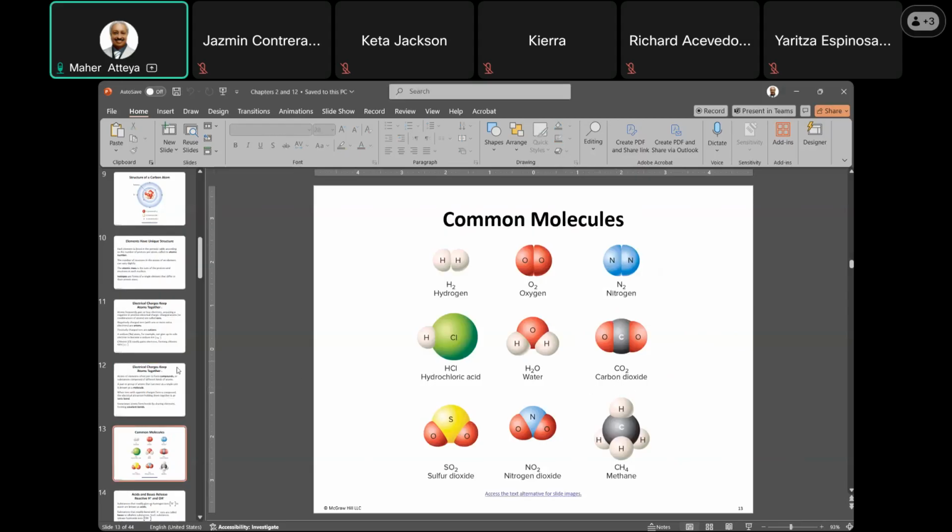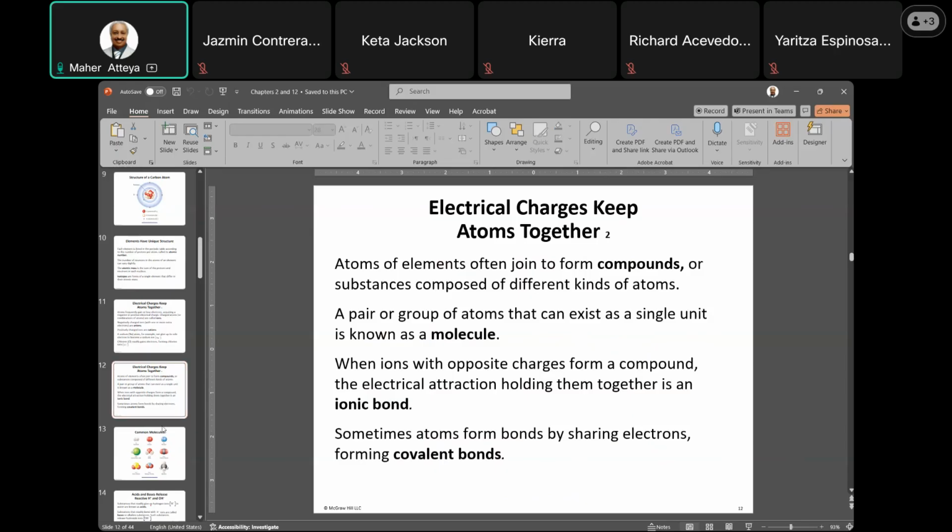Those are common molecules you can see here. Okay, before we go into this, there are more than 2 types, but we are having only the main 2 types. We have the ionic bond or ionic compound, and the covalent bond or covalent compound. The difference between ionic and covalent bonds is that ionic deals with a metal.